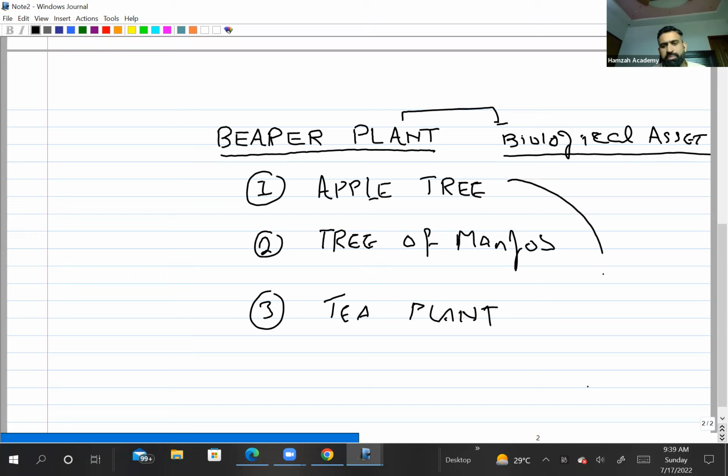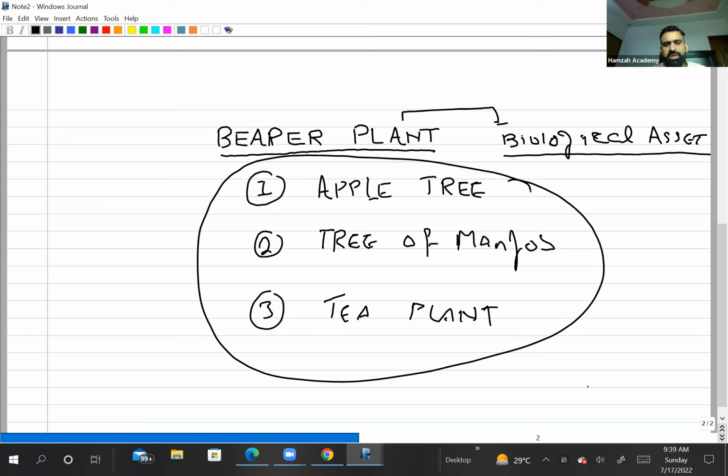These are all the example of bearer plant. And the bearer plants are accounted for in property, plant and equipment, IAS 16.